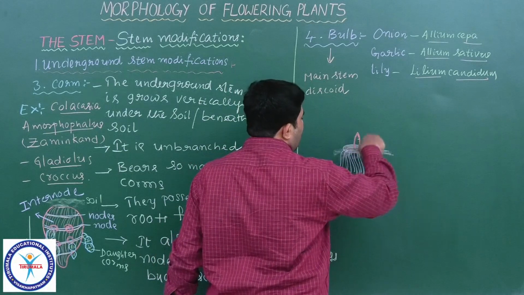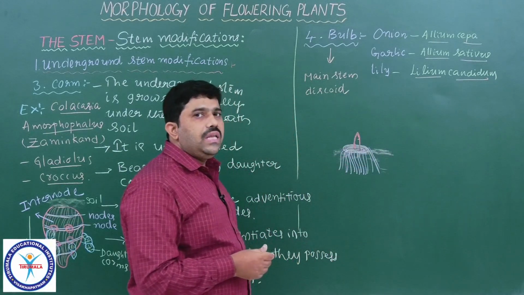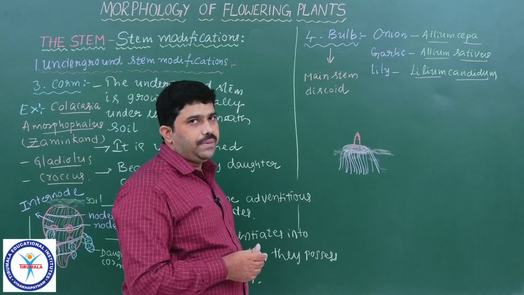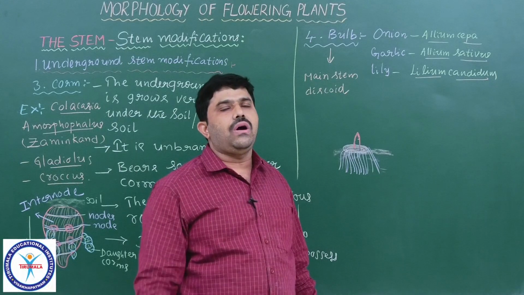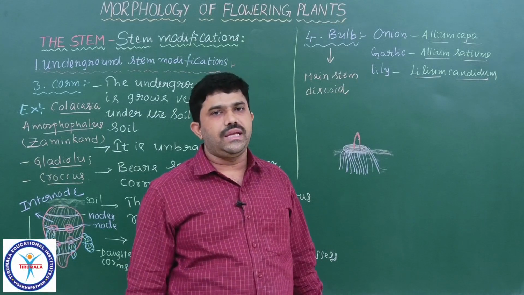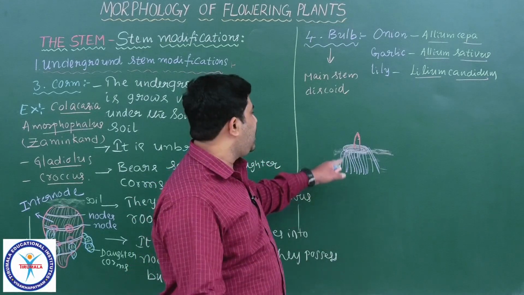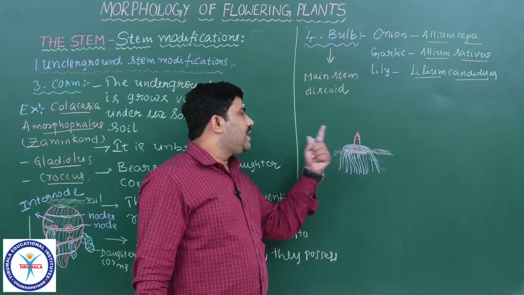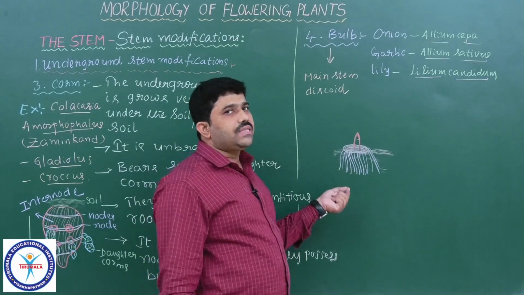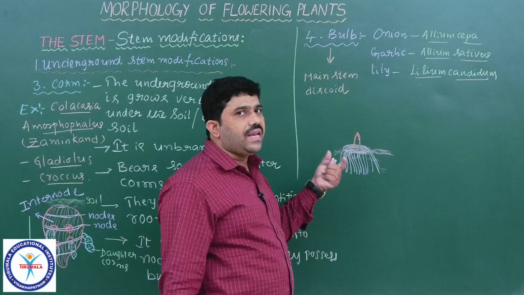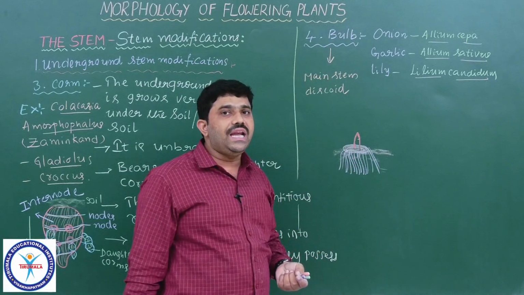From all the nodes, leaves are produced radially. These are called radical leaves or radial leaves. These radial leaves are produced around the apical bud with very little gap. The leaf bases in the inner region of this bulb are fleshy and edible.